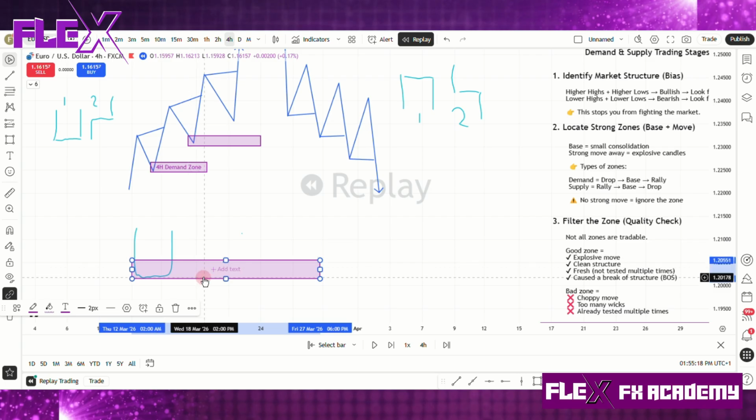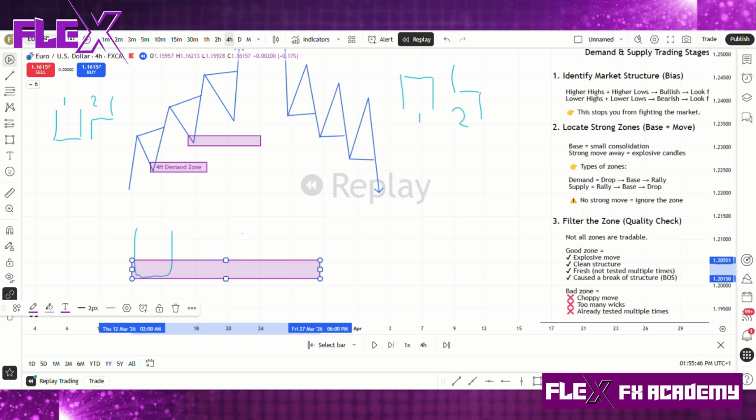Then it must have caused a break of structure. As the market comes here, creates the base and pushes up, it has broken structure here. So when it's coming back in, we can enter. Beware of a market that did not break structure before coming back into your zone.